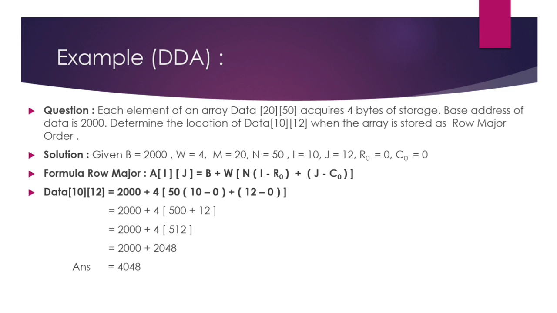And then we have the row wise order formula where we are placing N, and N is equal to 50. We have to put all these values in our formula and then find it out. I know you all know the math, how we are going to put the values. And see, I'm getting 4048. In this way you have to calculate the elements.